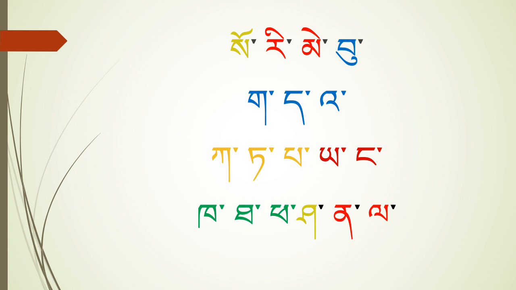So if we do the comparison, the blue one is ga, the yellow one was ka, and this green one is kha. Or in order, ga, ka, kha. So kha, you can imagine it with an H.